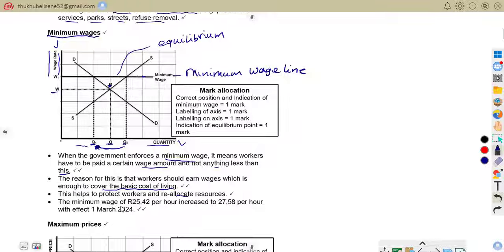This helps to protect workers and reallocate resources. Like they said, the minimum wage of 25 rand 42 per hour increased to 27 rand 58 per hour with effect from 1 March 2024.